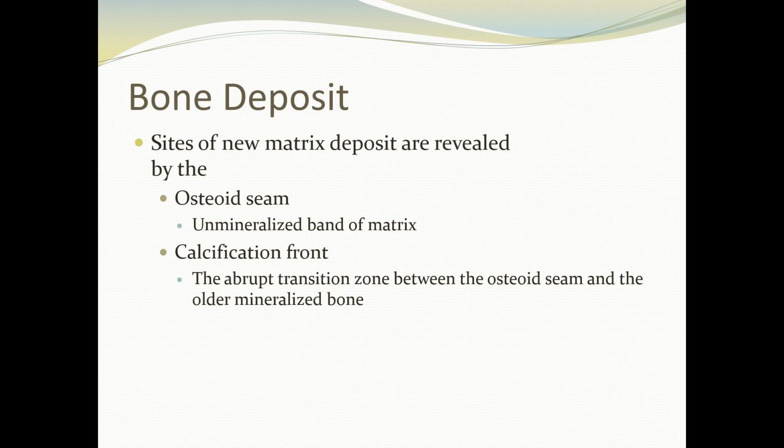During bone deposit, the sites of new matrix deposit, so that, collagen being laid down first and then hydroxyapatite, will be revealed by the osteoid seam. So this will be the unmineralized band of matrix, those collagen fibers that are being laid down. And then where the calcium and phosphate is being laid is called the calcification front. And it's the abrupt transition zone between the osteoid seam and the older mineralized bone.